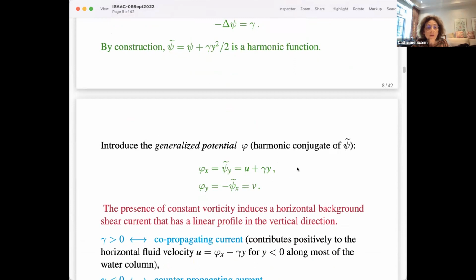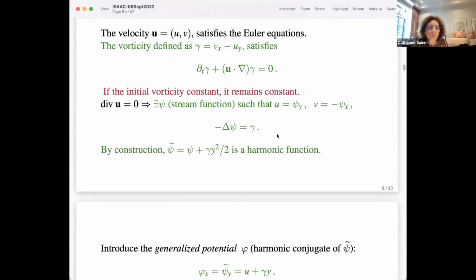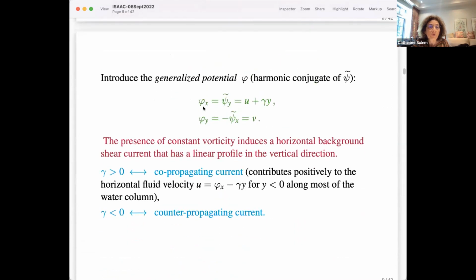So it is related to the stream function by this relation. And we see here clearly that the presence of the constant vorticity induces a horizontal background shear flow with a linear profile. It modifies the first component of the velocity, and it has a linear profile in the vertical direction.